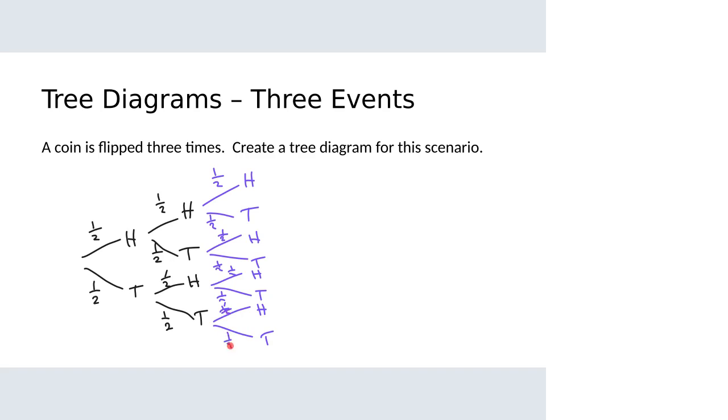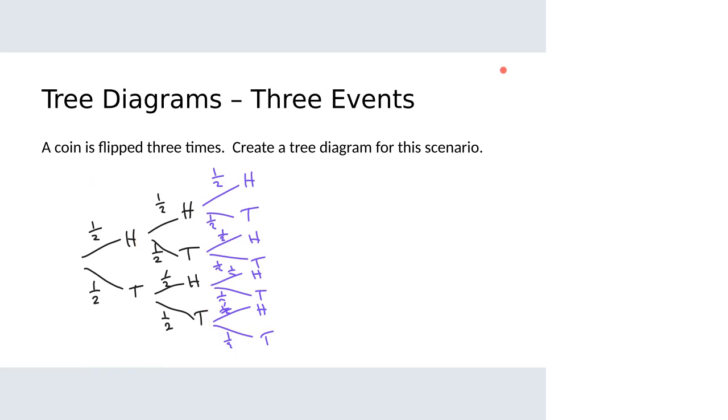And so essentially what we've got here then is we've got our first flip, our second flip, depending on the first one, and then our third flip, depending on the first 2 flips. And that's what a 3-event tree diagram would look like.